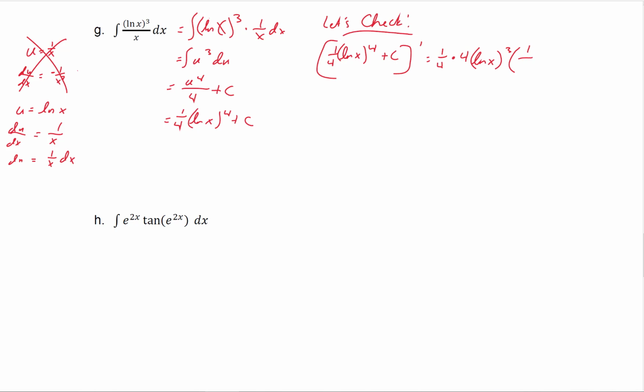Times the derivative of natural log x, which is 1 over x, plus the derivative of c, which is 0, using the chain rule in that first half. So 1/4 times 4 cancel each other out, so we end up with natural log x to the 3rd power over x, which is our original integrand, and so our work checks out and we're good to go.